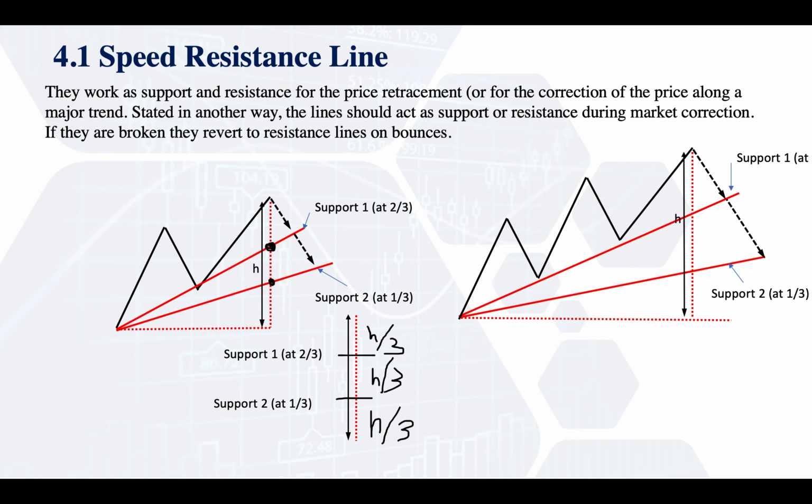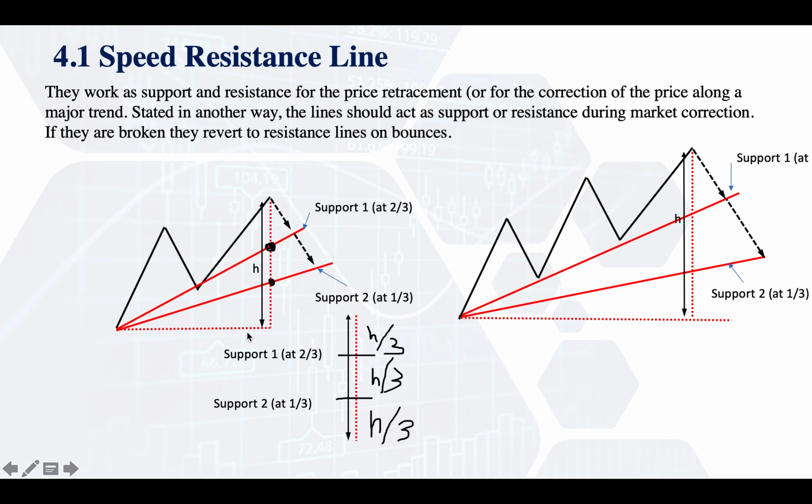Let's move to another important concept, the speed line. Those speed lines are very easy to find, and they work like resistances. This theory is based again on the number 3. It works in this way. Anytime that we have, in this case, two peaks, after the second peak we need to draw a line like that, forming this triangle.